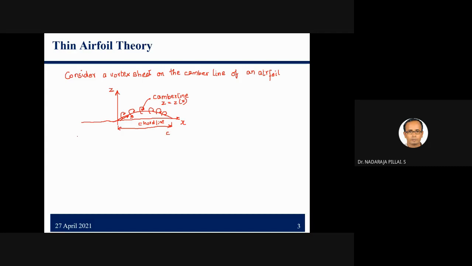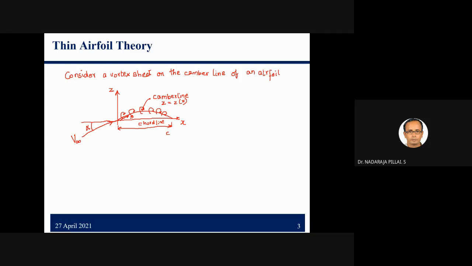Okay, and let us assume V infinity, that is the free stream velocity, and the angle of attack alpha. The angle of attack is the angle between the free stream velocity and the chord line that we already know.